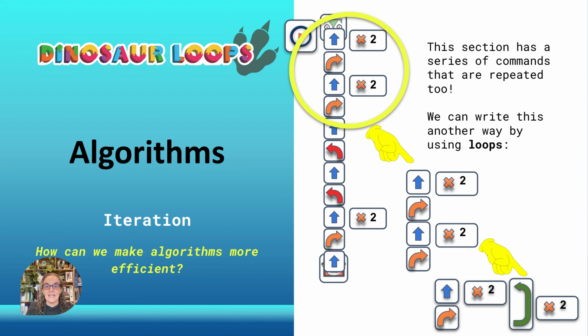So as you can see at the top now, we have got up or forward times 2, turn right, up 4 times 2, turn right. So it's repeated twice. So instead of having 4 lines of commands, what we can actually have is 2 lines of commands, use a loop, and then repeat that twice. So you can see now we've actually shrunk it down as the example shows here. So this is just an alternative way to write the algorithm using iteration.